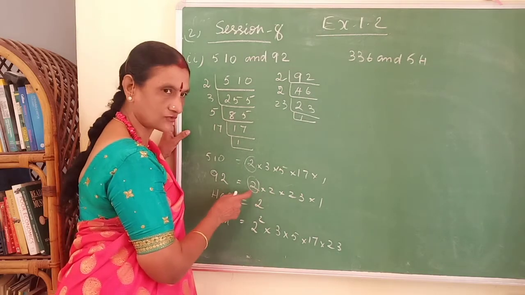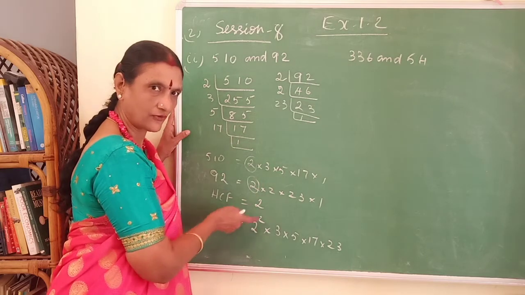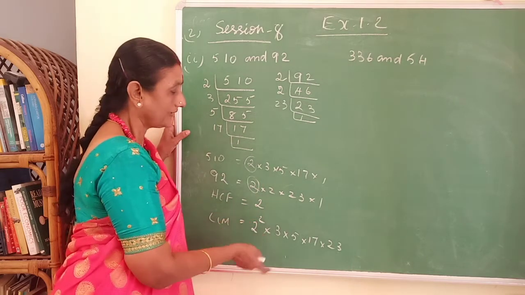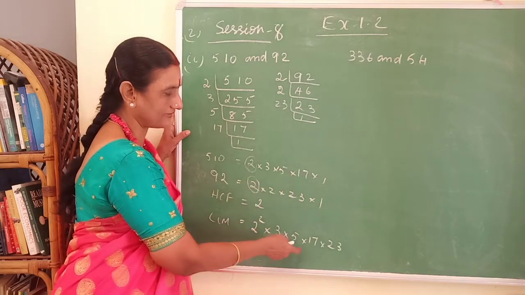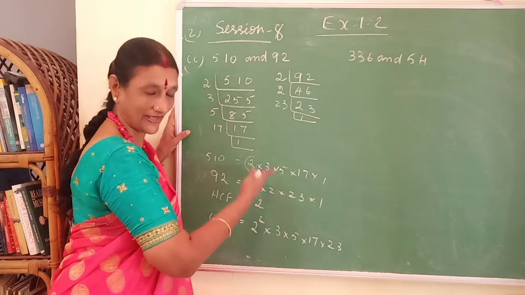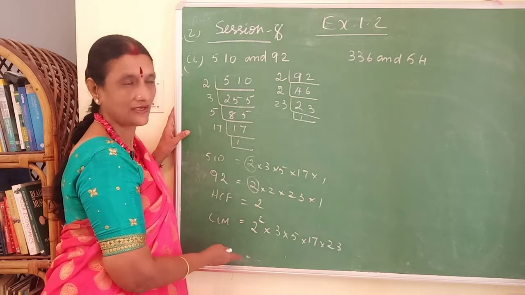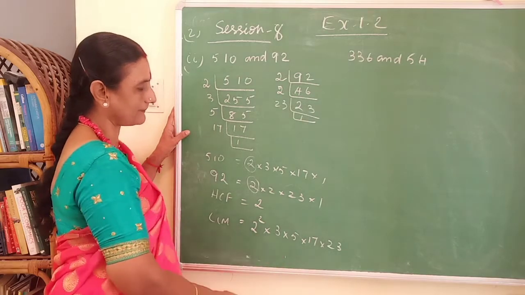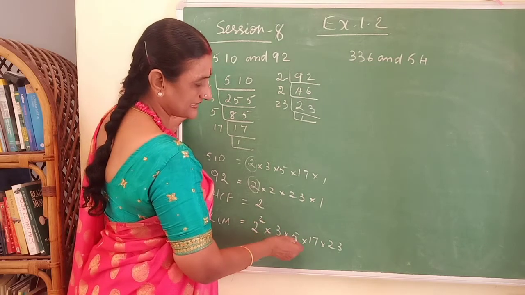2 powers of 2, the maximum power of 2, though the common factor is 2. Therefore, I am writing 2 square. Then apart from that, 3, 5 and 17, and from here 23. They are all to be multiplied to get the common multiple. Correct? So let us see how it multiplies. 2 squared times 3 times 5 is 60.